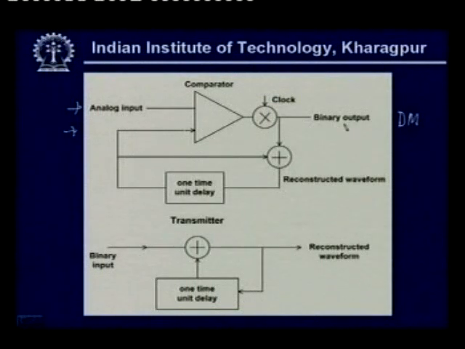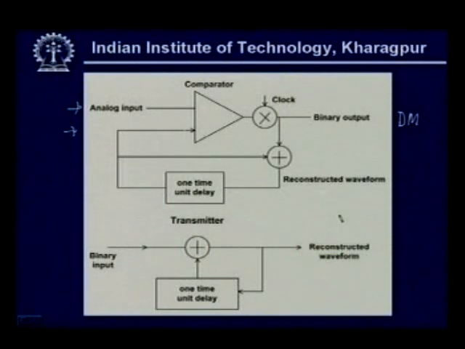Here you get the zeros and ones, the binary output, which can be sent to the transmission media after suitable line coding. The receiver here is also very simple. Here is a simple adder. The previous value after 1 bit delay is added with the binary input, and then the reconstructed waveform is obtained here.